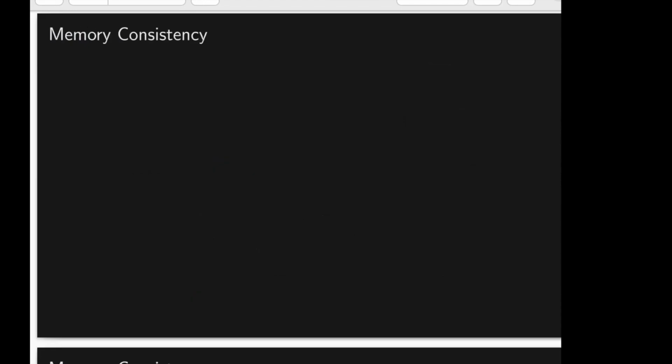As for memory consistency, this one is more complicated, because what we're trying to prove is that in between two accesses to memory at the same location, the memory value at that location did not change.